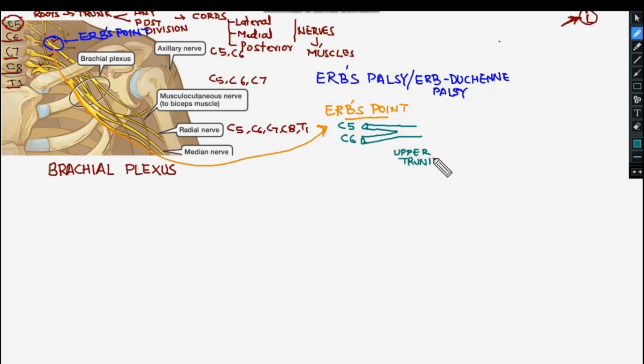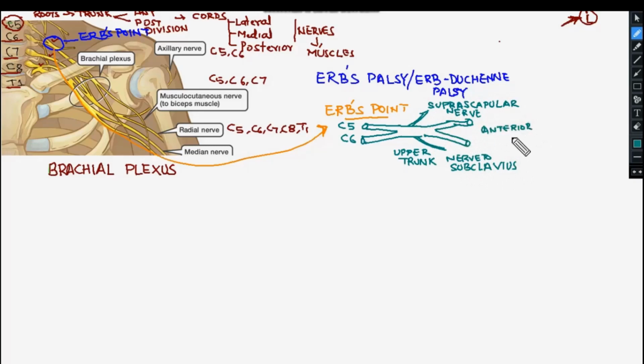and from this upper trunk we can see the suprascapular nerve originates, and here we can see the nerve to subclavius originates. Now this trunk further gets divided into anterior and posterior divisions.